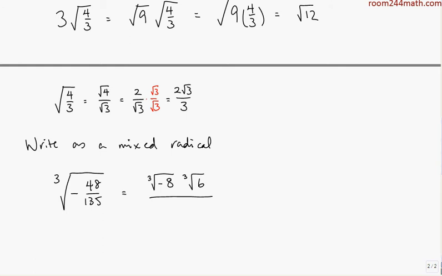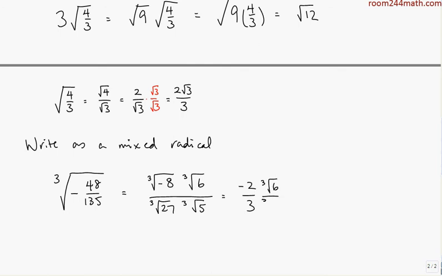The denominator, we're looking for perfect cube factors, and there is a perfect cube factor of 27. So we can write that as the cube root of 27 times the cube root of 5. So the whole point of pulling out this perfect cube factor was to write it as an integer. Cube root of negative 8 is negative 2, and the cube root of 27 is 3.